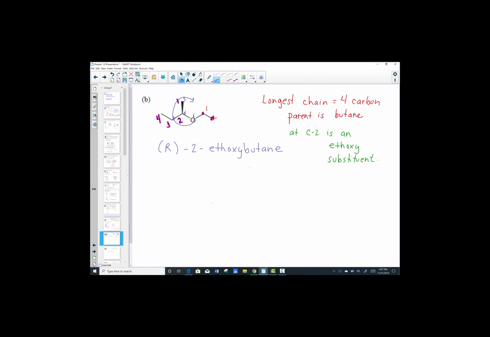And we noticed that there was a chiral center involved at carbon number 2 as well. When you worked through the spin, it came out clockwise. So you put that together as R-2-ethoxybutane. If you're ready to check the next, let's do it.